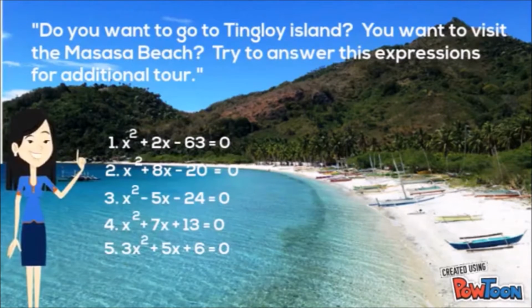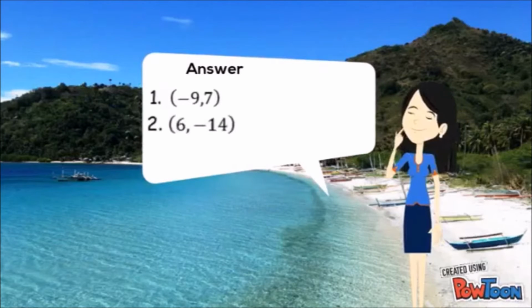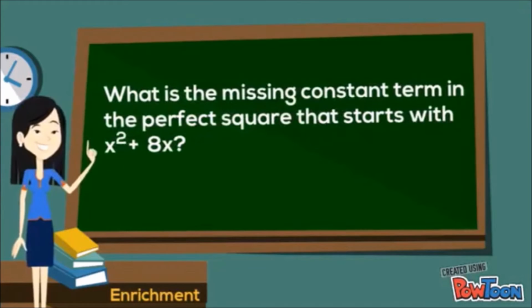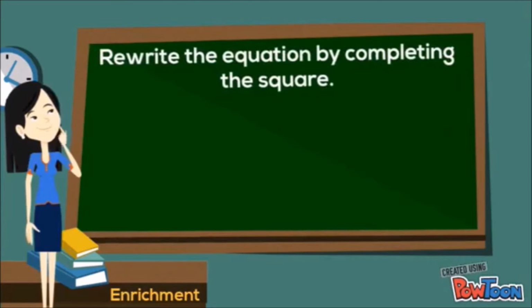For the answer on the activity, for enrichment activity, what is the missing constant term in the perfect square that starts with x squared plus 8x? The answer is 16. Rewrite the equation by completing the square.